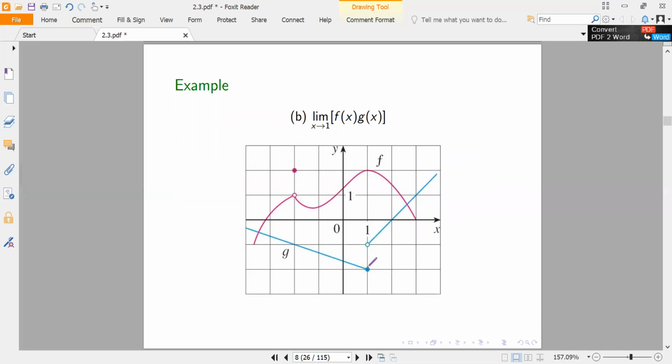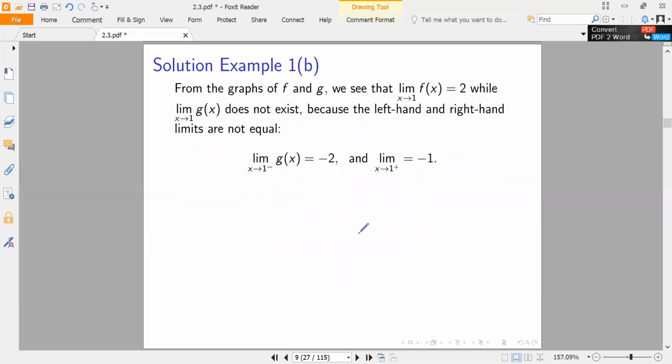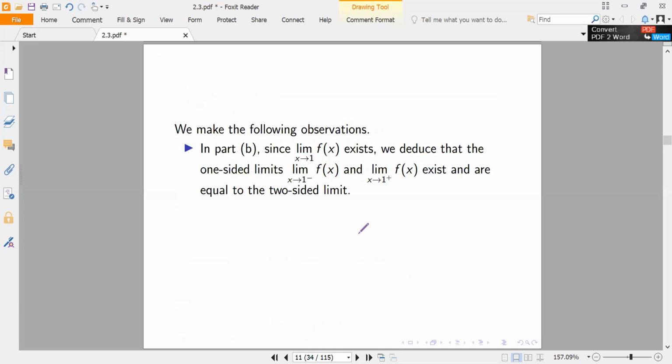Then you'll be able to evaluate this function. But if you just say the limit approaching 1, remember we want the limits to be the same, and in that case they will not be the same. Evaluating them individually, from the left and from the right, you'll be able to get the answers.